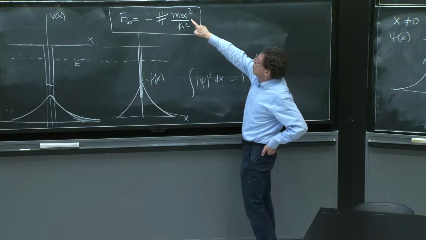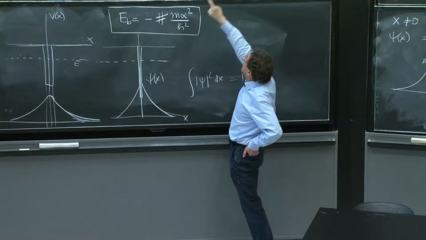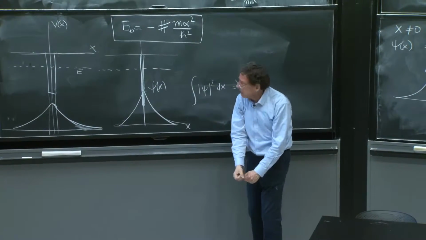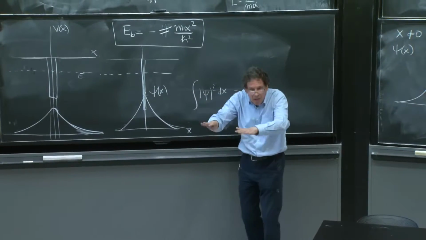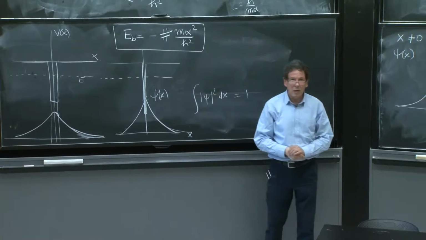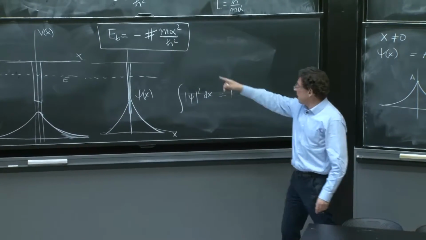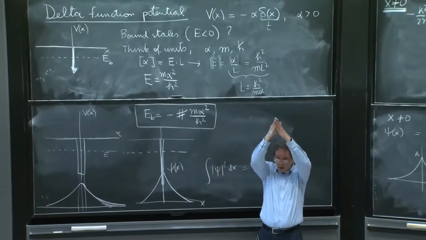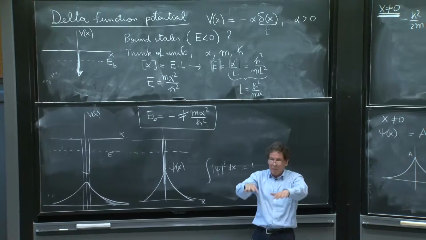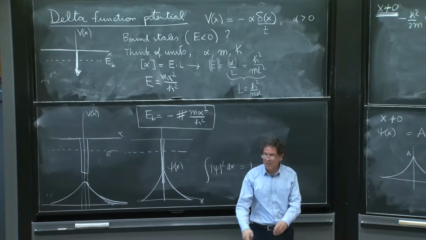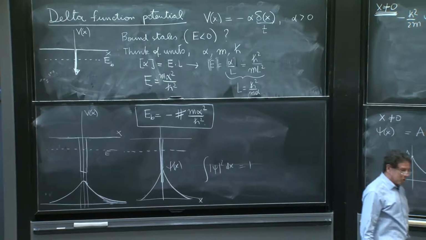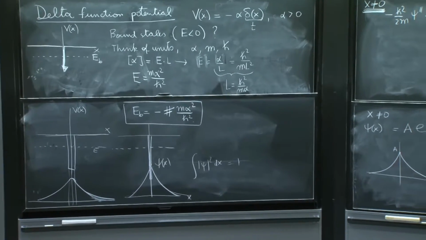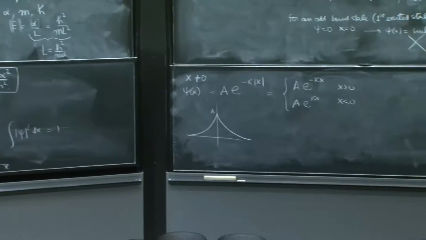Because if it appears in the numerator, it means that as the delta function potential is becoming stronger and stronger, the bound state is getting deeper and deeper, which is what you would expect. But if it would be in the denominator, as the potential gets deeper and deeper, the bound state is going up. That makes no sense whatsoever. So it's good that it appeared there. It's a sign that things are in reasonable conditions.